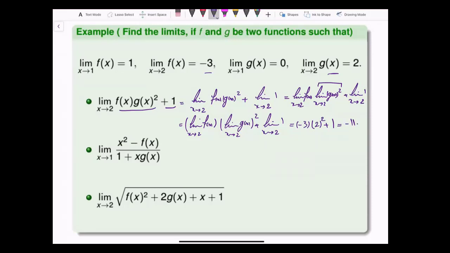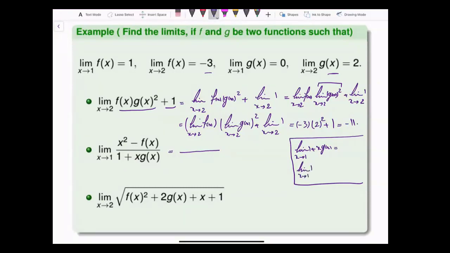The same kind of thing works here. We have the quotient. When you're working with a quotient, you first make sure that the limit of the denominator is not 0. So the limit of the denominator in this case is equal to the limit, okay, I'm applying the sum and the product.